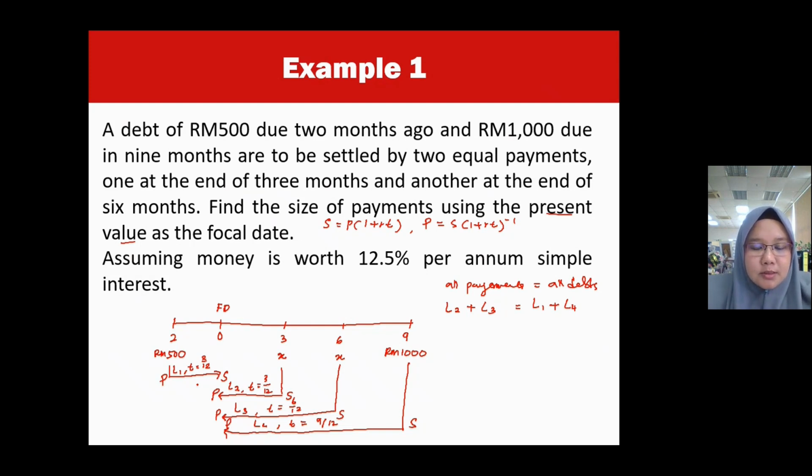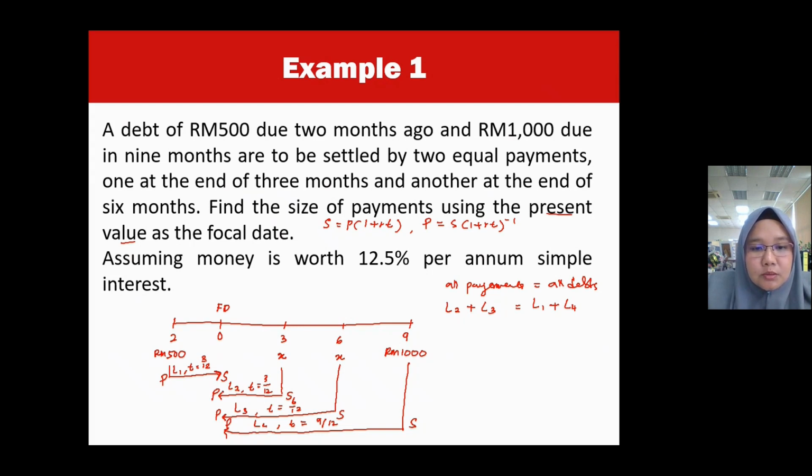Okay, now we look at L2 first. We don't know the value of P, right? We want to find it. Now you look at this arrow. The arrow means for line 1 we want to find S, and for line 2 we want to find P, so it goes to L3 and L4.